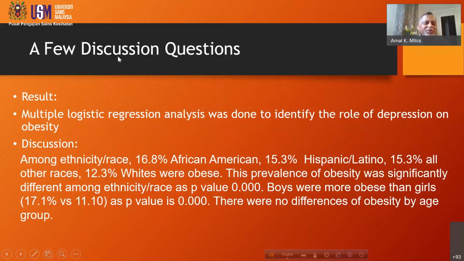Now, I have a few questions for you, then you'll ask me some questions, okay? In the results section, I'm quoting from a paper that I reviewed as an editor. The authors said in the results section, multiple logistic regression analysis was done to identify the role of depression on obesity. I said, this is not correct.